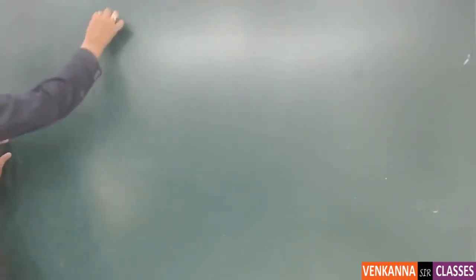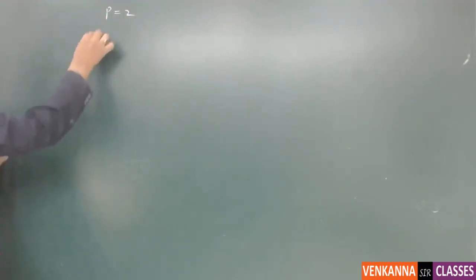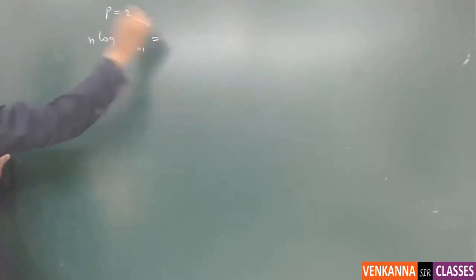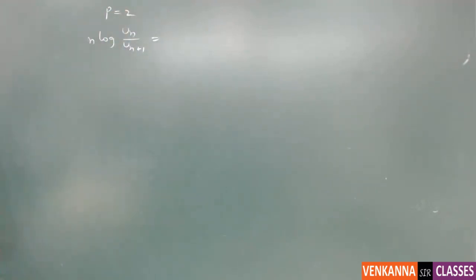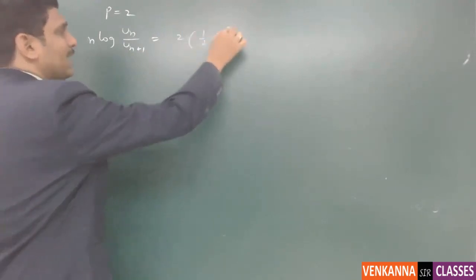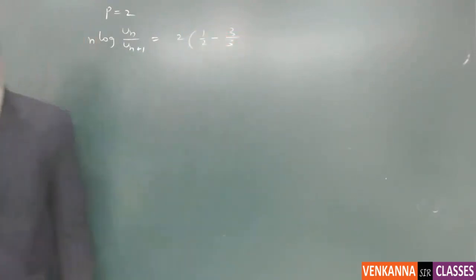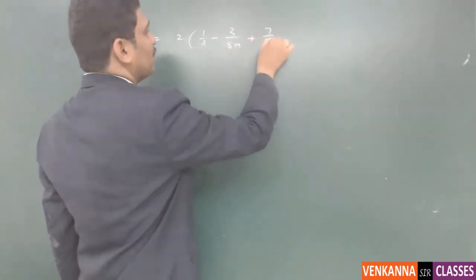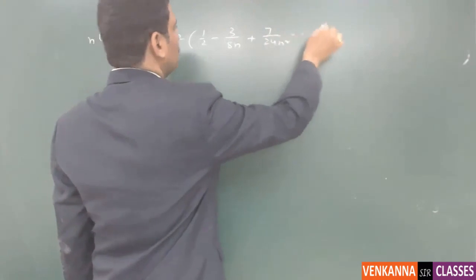So if you calculate the value again, for p equal to 2, n into log of un by un plus 1, the thing which we have calculated earlier, will be equal to 2 into 1 by 2 minus 3 by 8n plus 7 by 24 n square, plus so on.